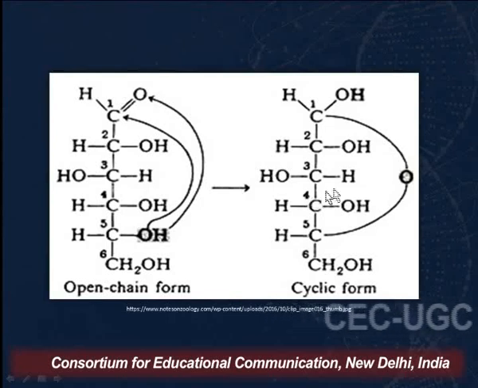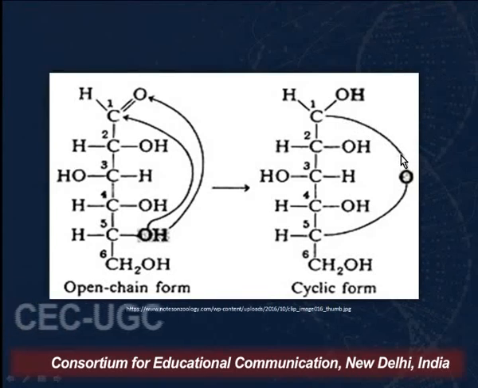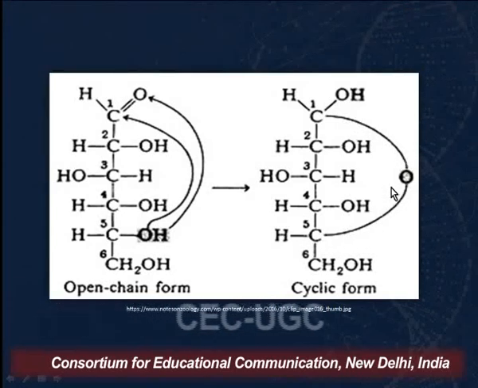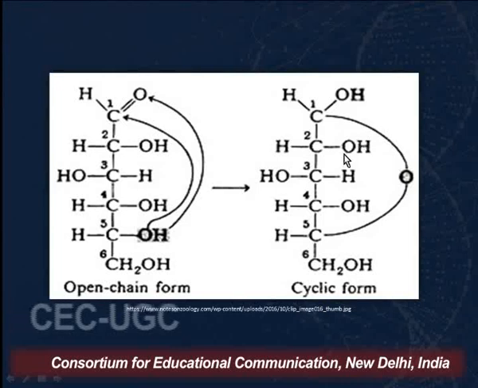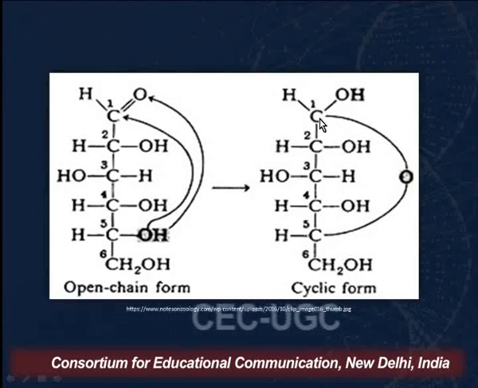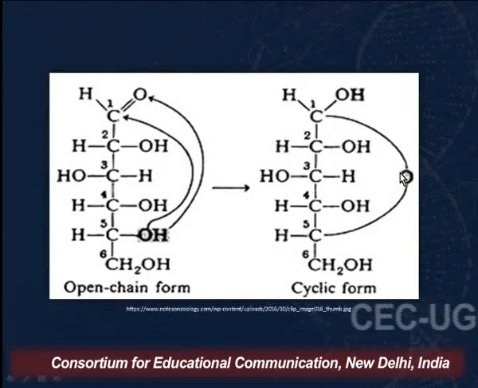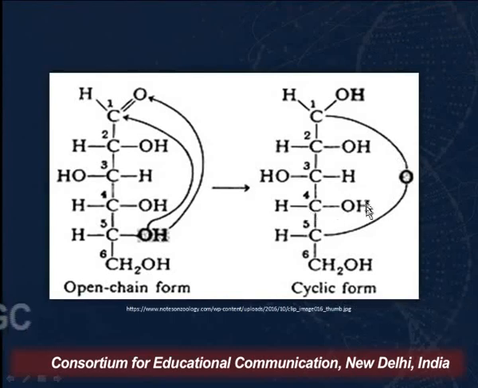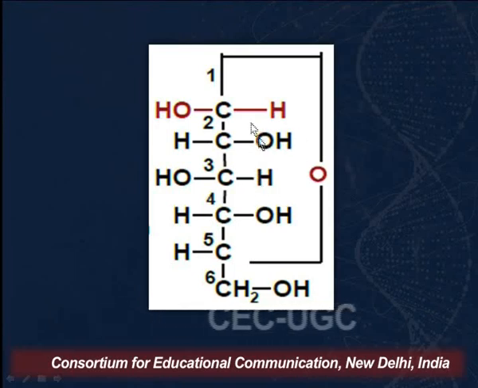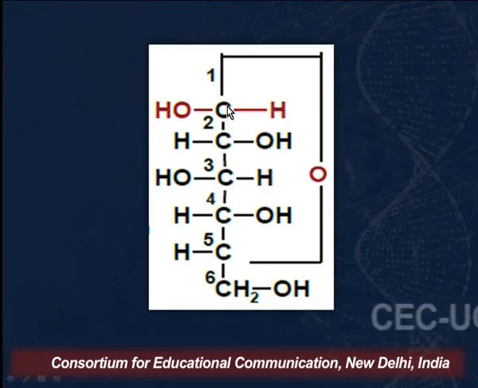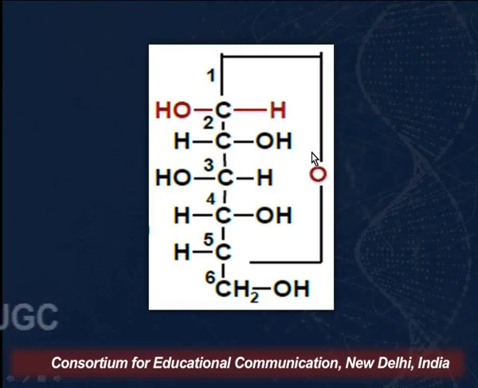So what you find here is that when we are making the bond between the first carbon and the oxygen and the fifth carbon and the oxygen, no bond length has been considered. That is, we have not specified what is the bond length between this carbon and oxygen and what is the bond length between this carbon and oxygen, which you can see again very clearly in this structure, that the bond distance between this carbon and this oxygen and carbon has been shown randomly.